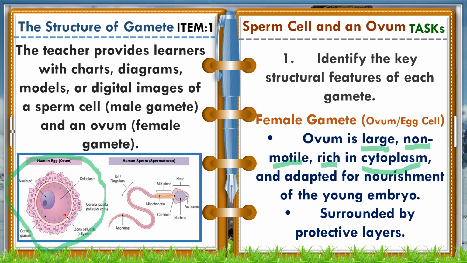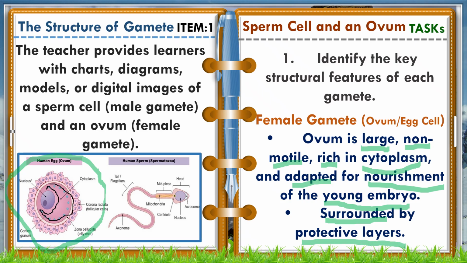That is the cytoplasm. And that cytoplasm is adapted for nourishment of the young embryo. So all that we have in the cytoplasm inside here has nourishment for the young embryo, and it is surrounded by protective layers.